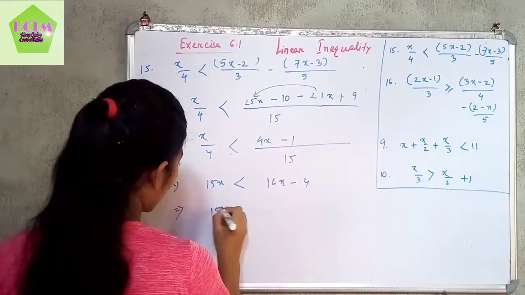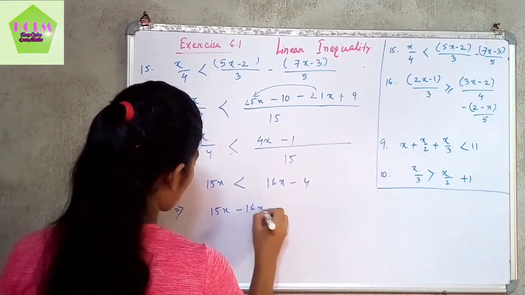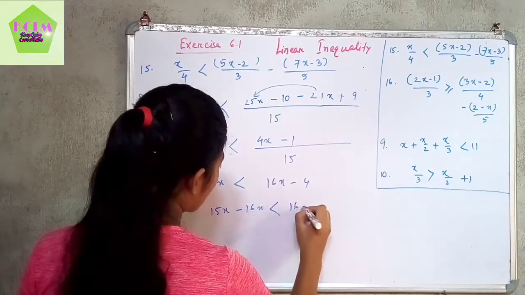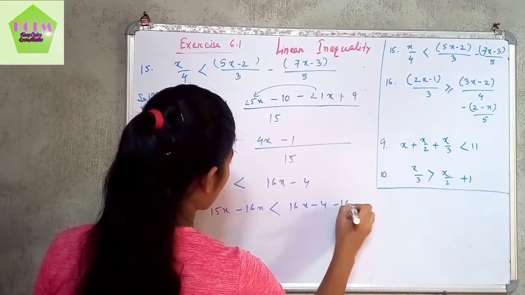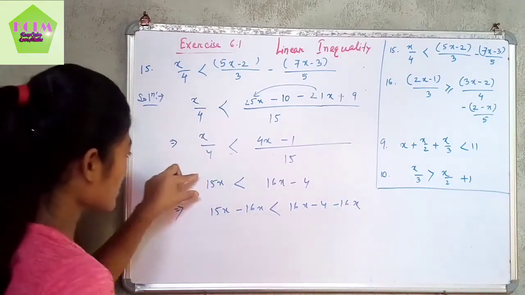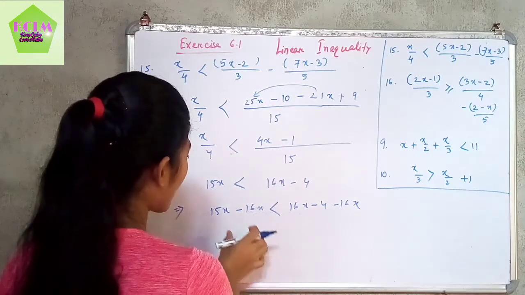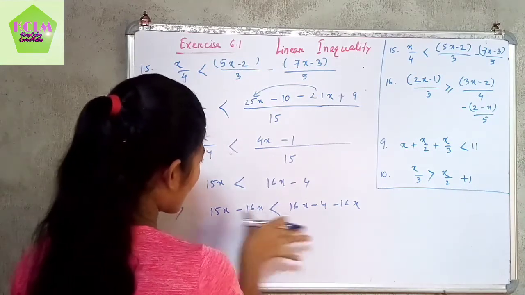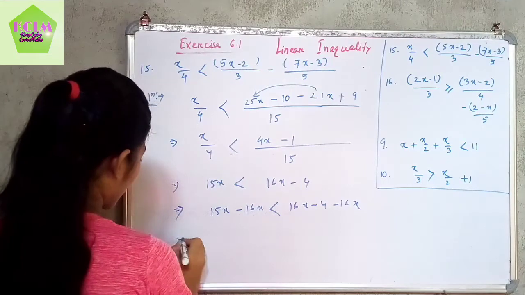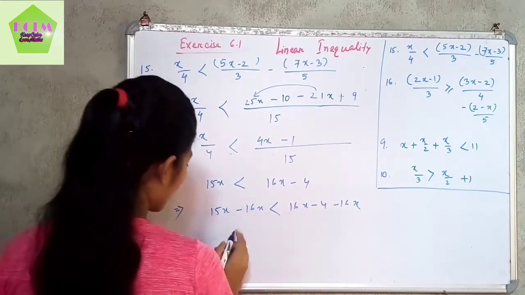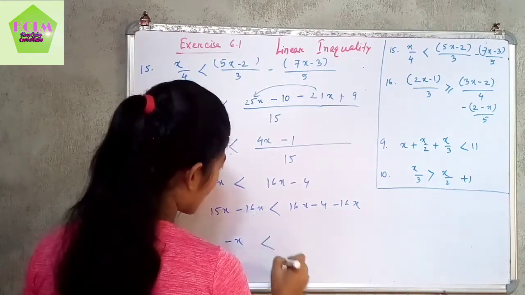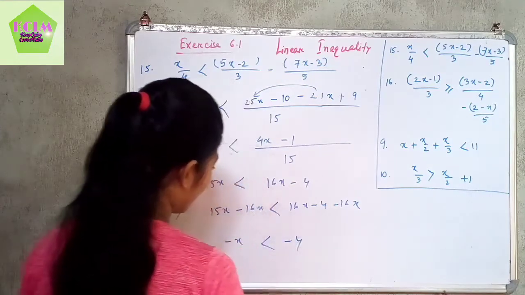Now 15x minus 16x is less than 16x minus 4 minus 16x. To balance this inequality, we subtract 16x on both sides. So here it will be minus x less than minus 4.